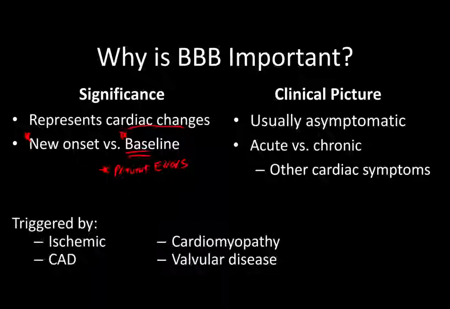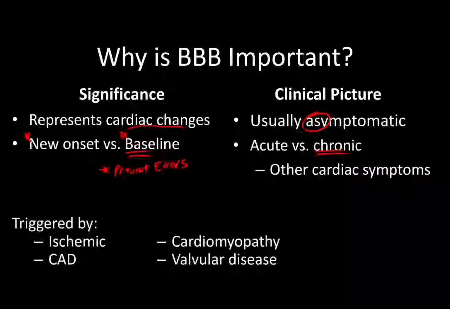That's why a lot of times physicians or other care providers will ask for a previous EKG so that they can compare what did they look like before and after. Clinically speaking, they're asymptomatic. A bundle branch block by itself doesn't necessarily mean any major problems for the patient. Now, as it progresses, in particularly a chronic fashion, that may lead to other problems as time goes on or worsen existing cardiac problems that they already had beforehand, which then brings us to the part of what causes it.